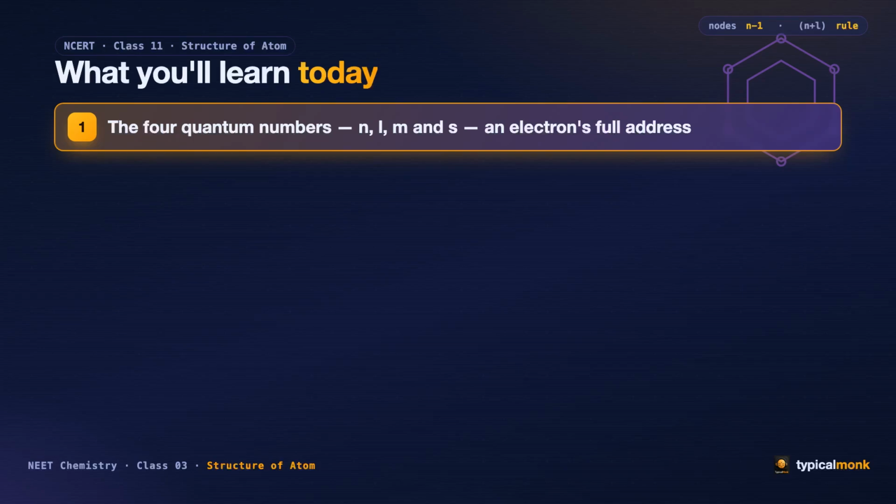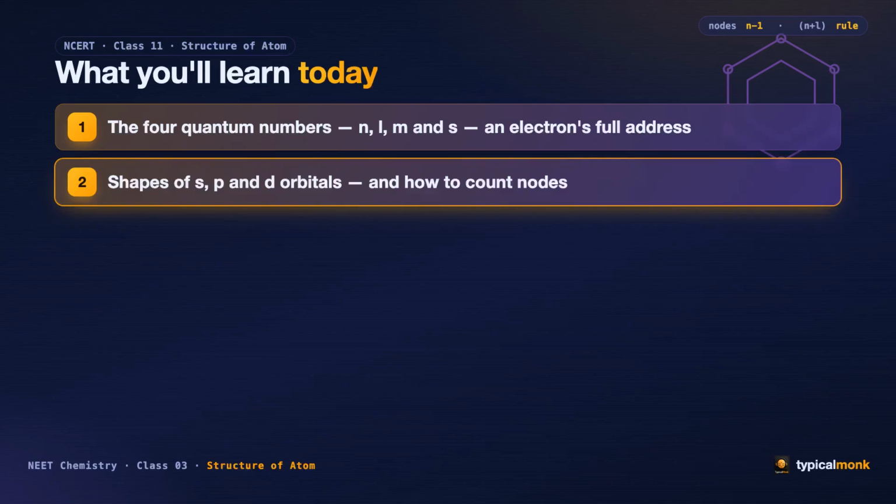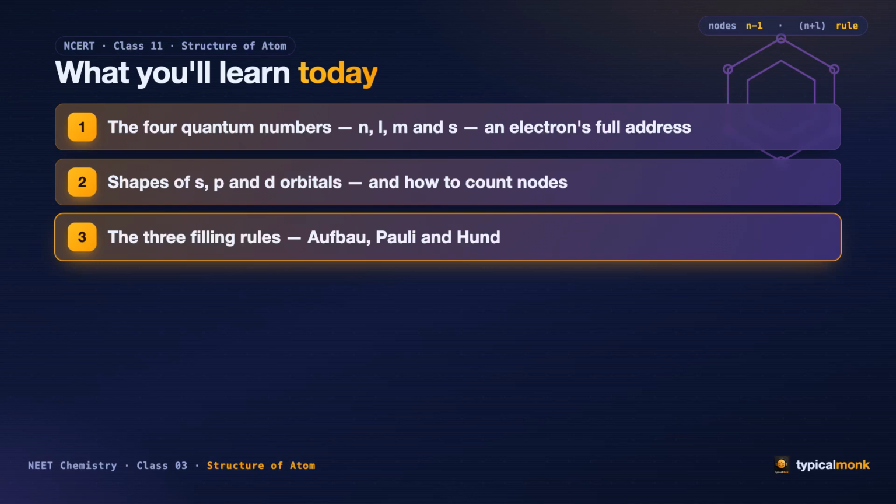First, the 4 quantum numbers n, l, m, and s, the full address that names exactly where an electron lives. Second, the shapes of the s, p, and d orbitals, and how to count the nodes hidden inside each one. Third, the 3 great filling rules, Aufbau, Pauli, and Hund, the laws that decide the order electrons go in.